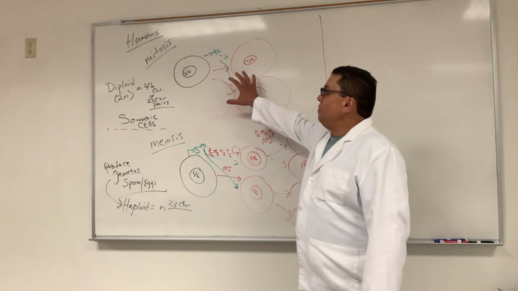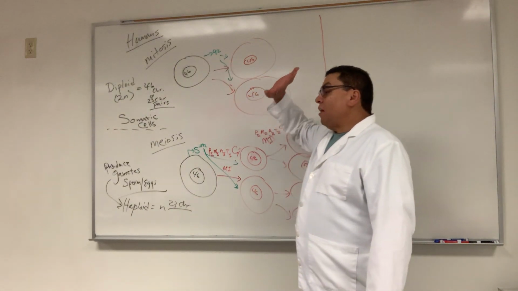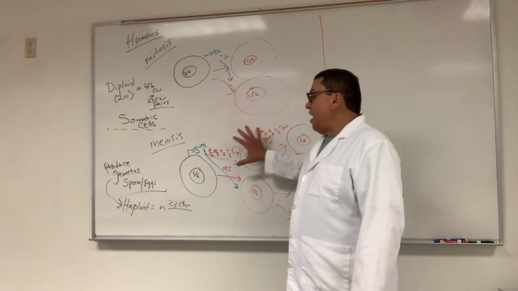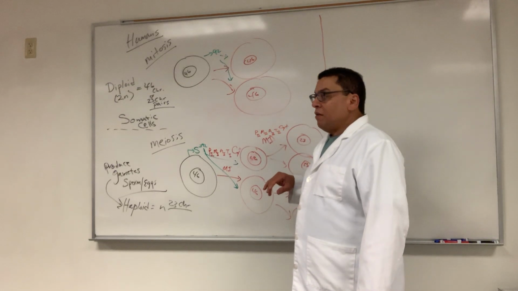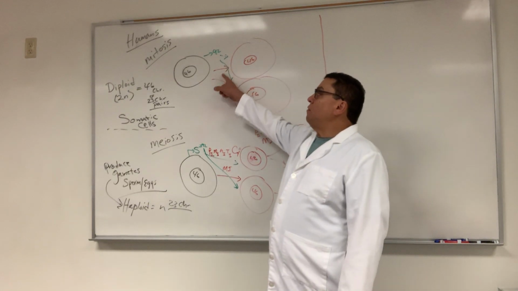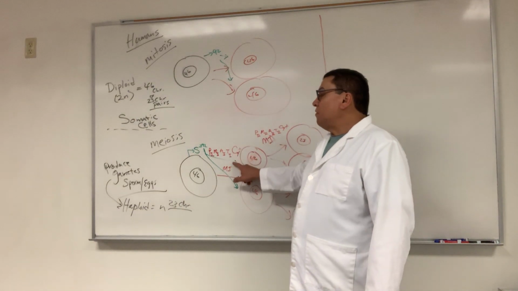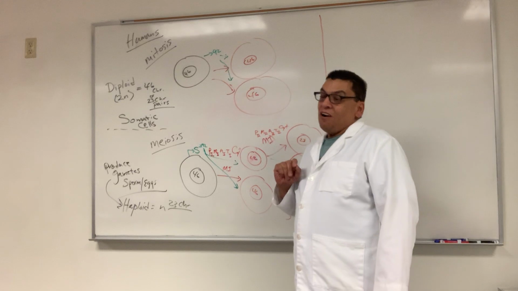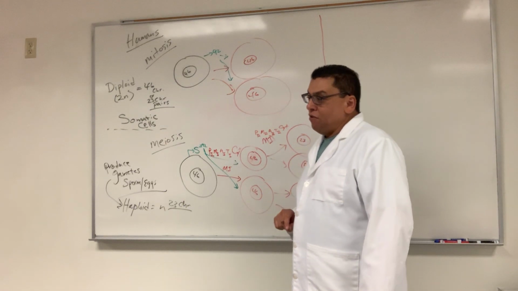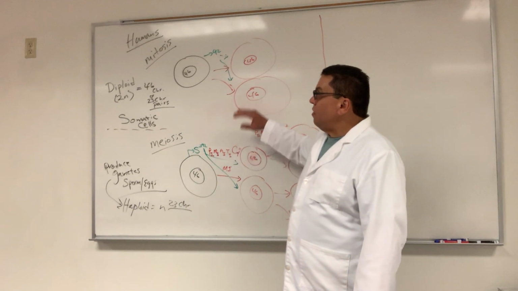The events that happen in mitosis are a lot similar to the events that happen in meiosis. It just happens twice. So you need to go back and review what happens here and compare it to what happens here. What I'm about to talk about, however, are those things that are different from mitosis. The differences between meiosis and mitosis.